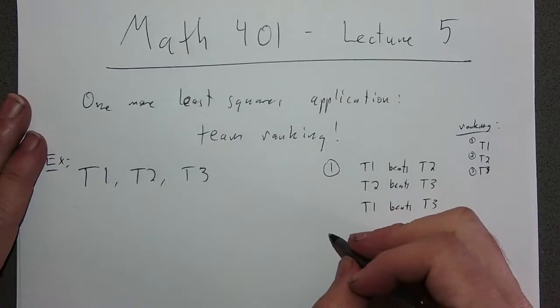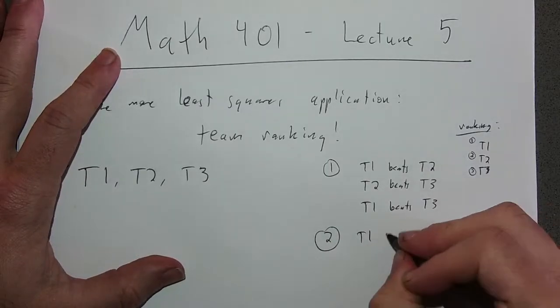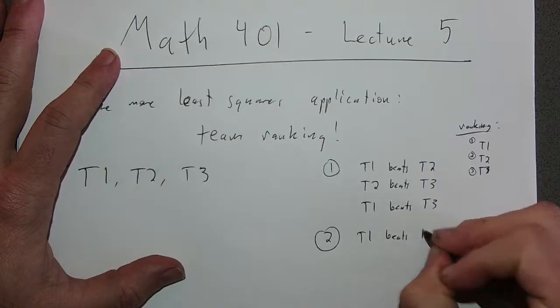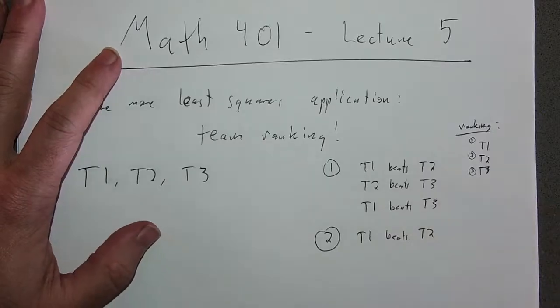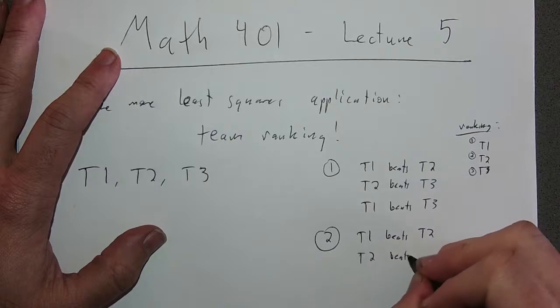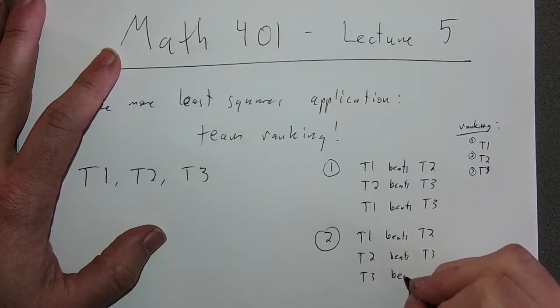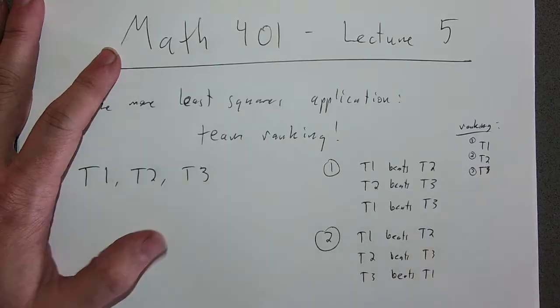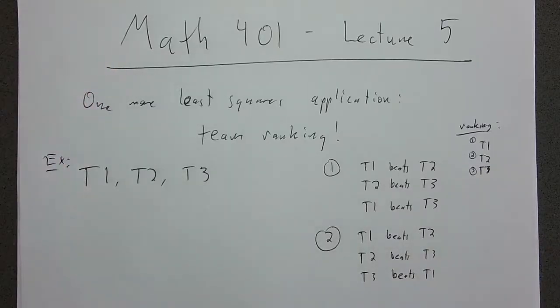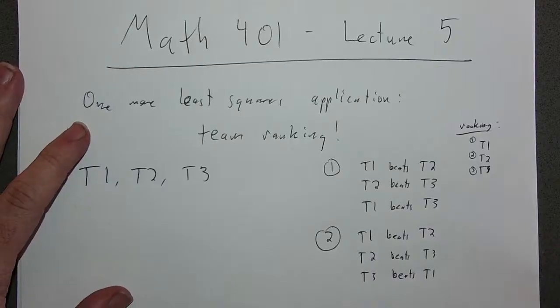So here's another example. Let's say that we have team one beats team two, and then team two beats team three, and then team three beats team one. So now, if we're tracking the wins and losses of the teams, each of the teams has one win and one loss.